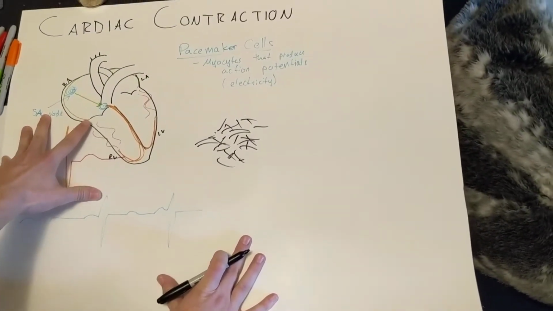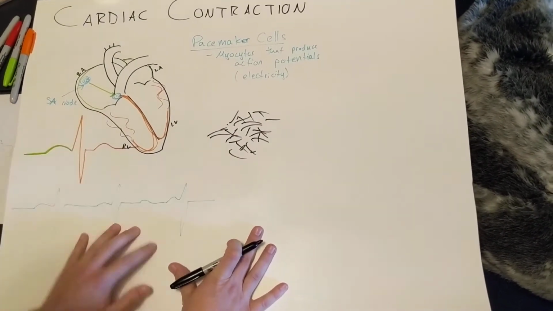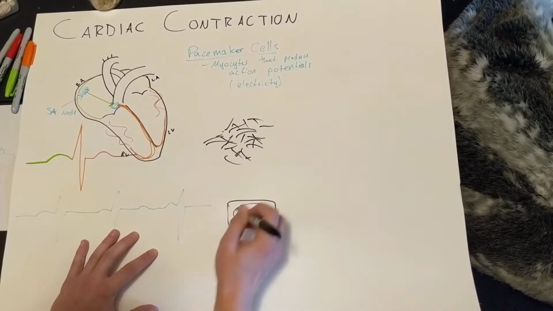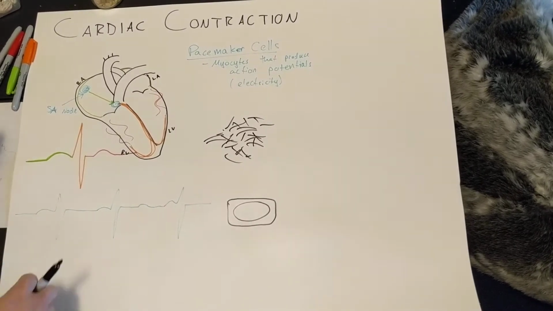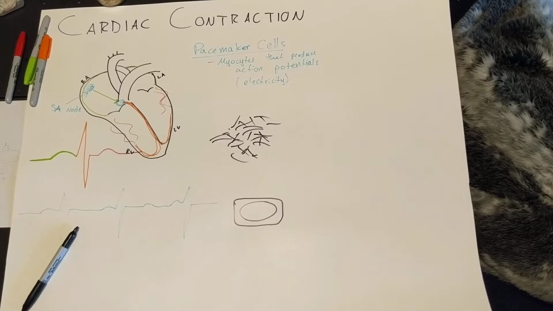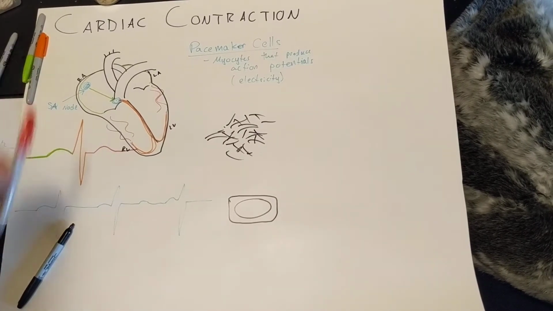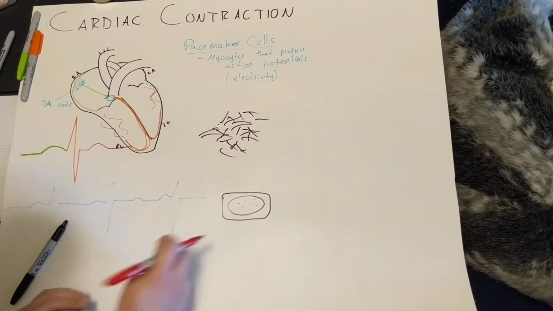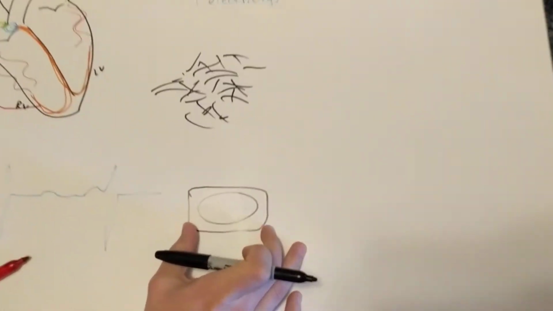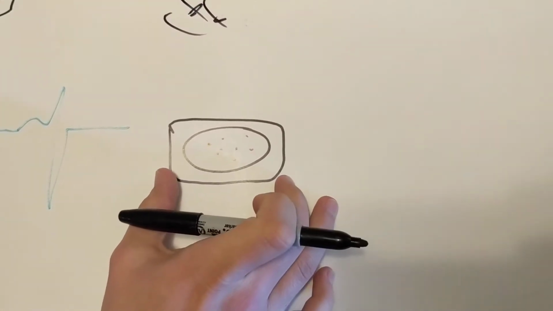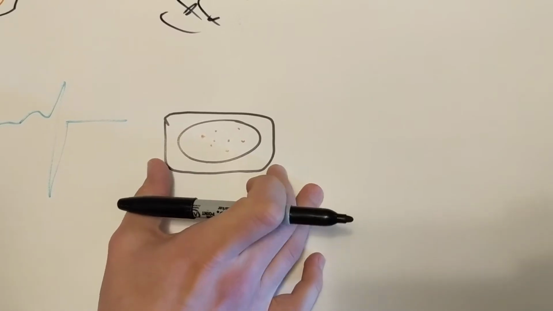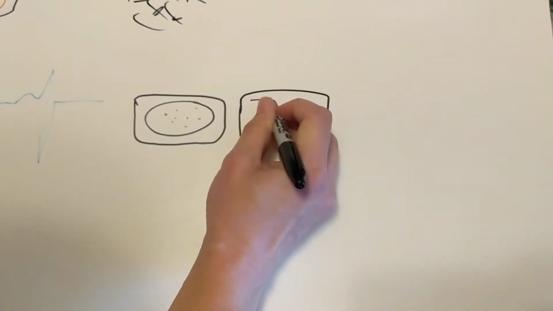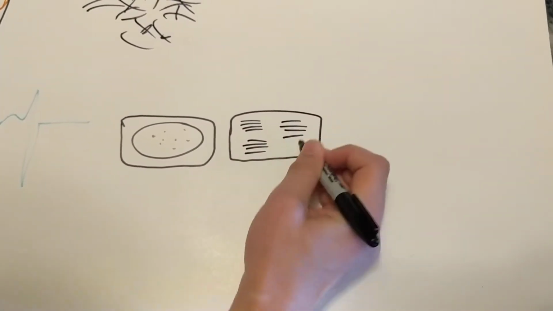So we're going to call these SA nodes, these myocytes, we're going to model those as little boxes with a little circle inside. And this little circle gets to hold all of the ions, which I am going to mark in red. So we have red dots. These pacemaker cells with actin and myosin bundles.